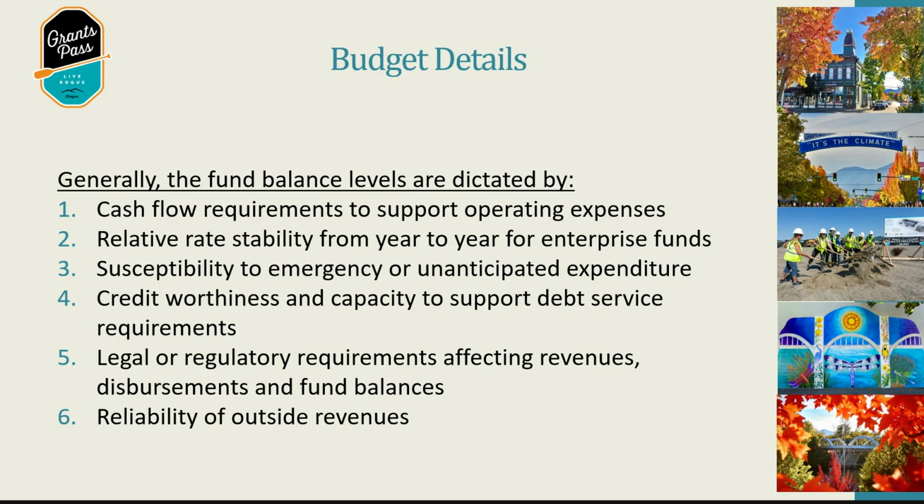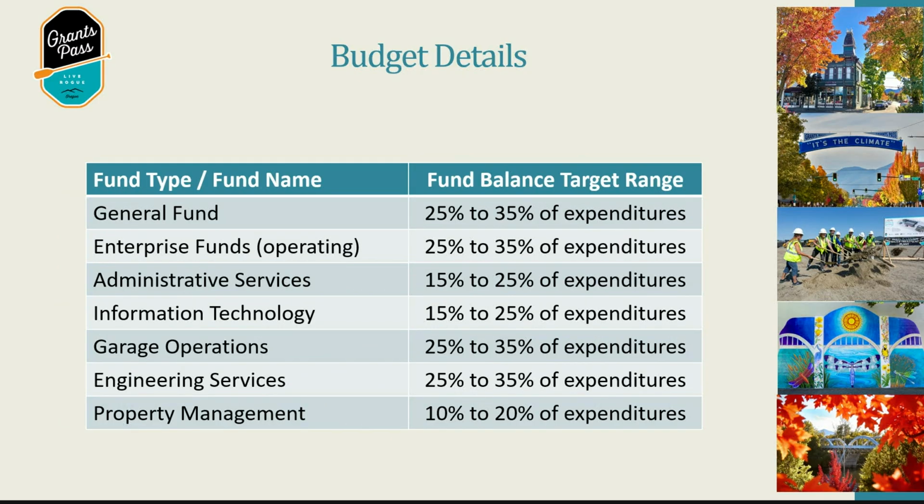As an example, most of the property tax resources come in November, and so we have had a 25 to 35% fund balance target range for the general fund to ensure that there's enough resources to get us through those lean months at the beginning of the year. As Aaron mentioned earlier, there will be further discussion on March 16th.